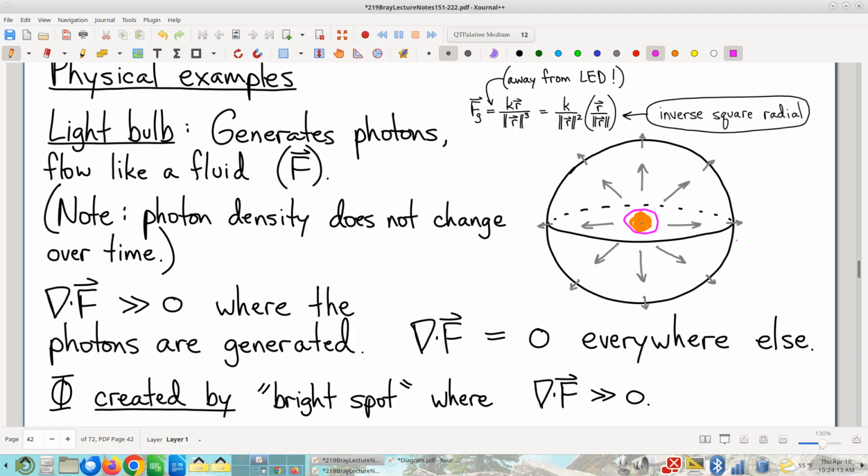Right? So on that purple sphere, what's the flux through that sphere? It's a lot, right? There's a bunch of photons being generated by that LED, and how many of them are going through that purple sphere? All of them, right? All of them.